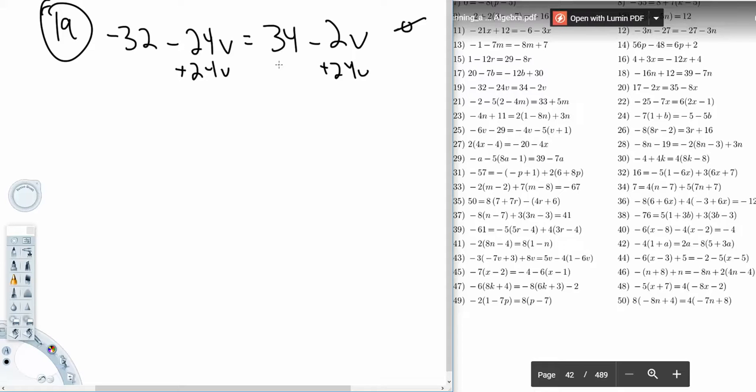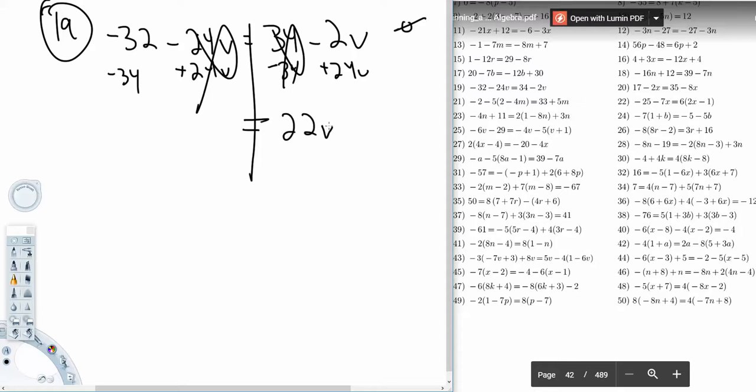And let's get rid of this 34, minus 34, minus 34. And all that stuff equals, well, this cancels out and this cancels out. So I'm left with minus 2v plus 24v, which is 22v. Minus 32 minus 34 equals minus 66. If that was too fast for you, just pause it, work it out.